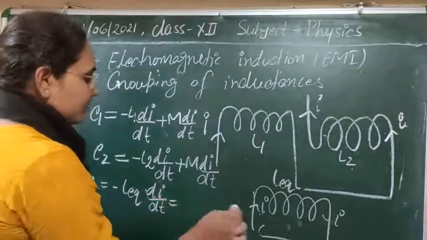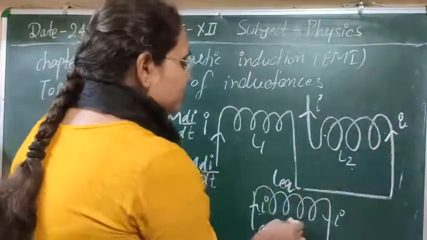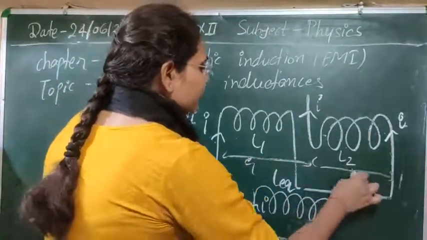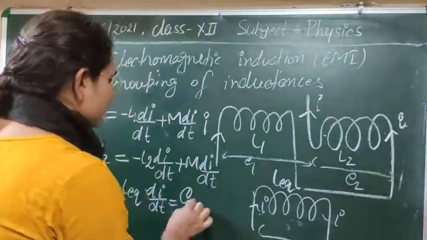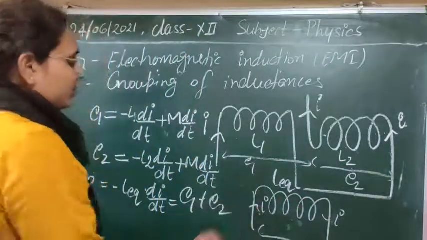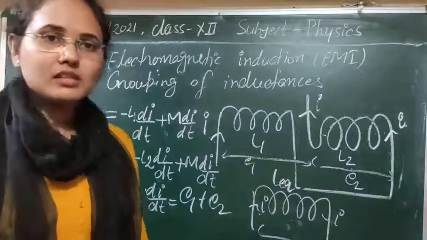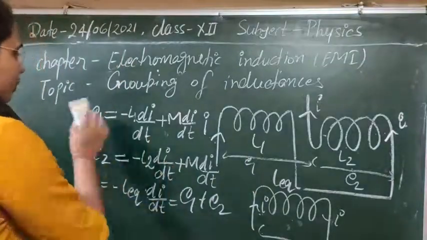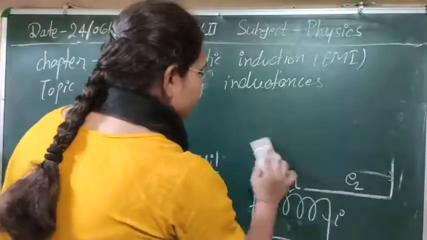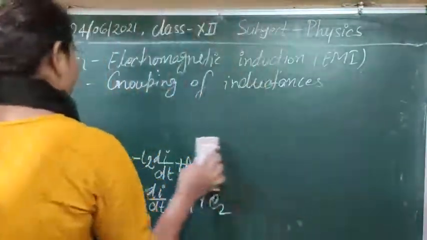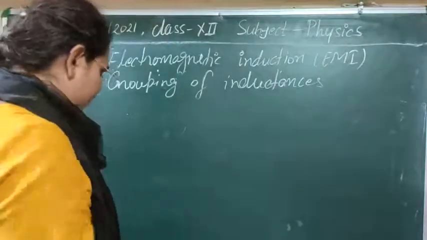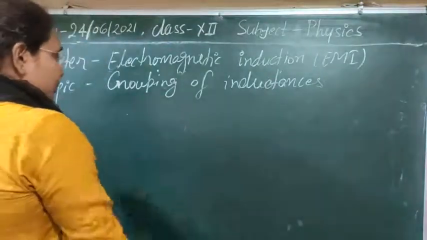And as we have replaced these two coils, where E1 EMF is produced in this coil and E2 EMF is produced in this one, E will be equal to E1 plus E2, as that is distributed here. Now let's write down the values of E1 and E2 and solve it, so you can understand the grouping of the coils here.